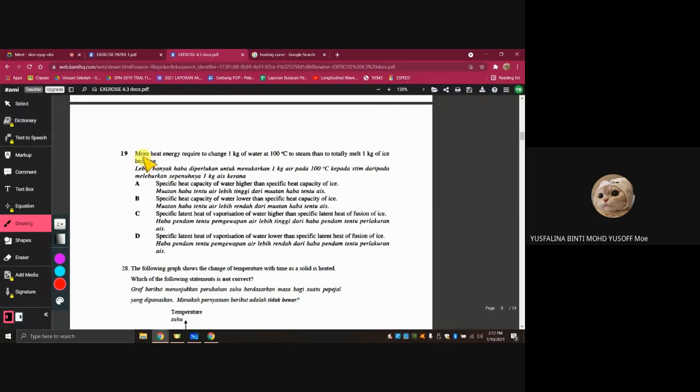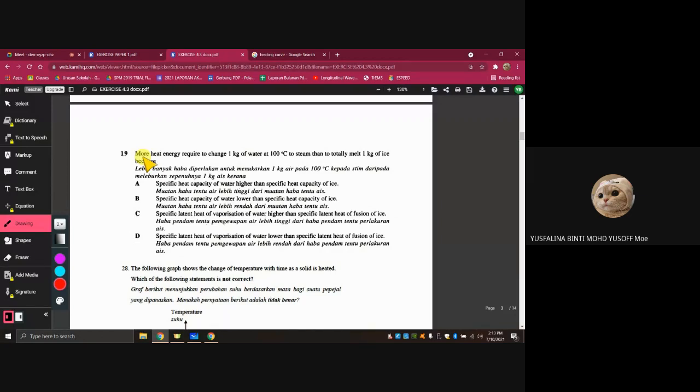The first one is to break the bond, and the second one comes from the atmospheric pressure, because it has to push against the atmosphere once it changes to gas.